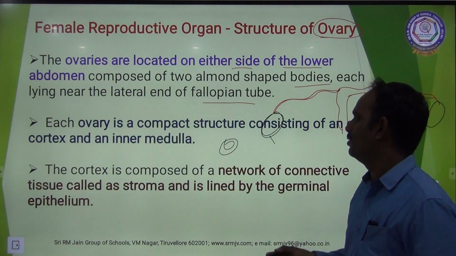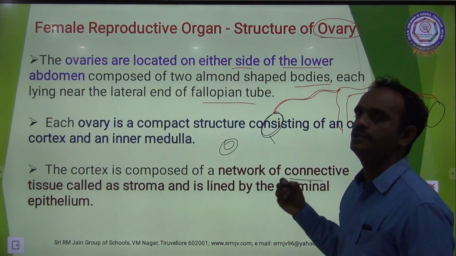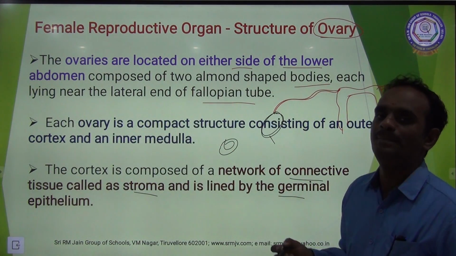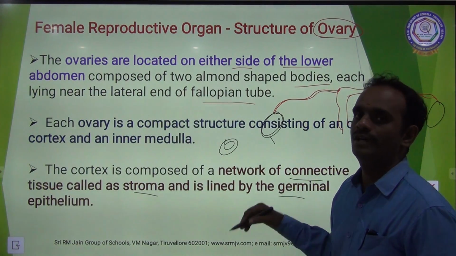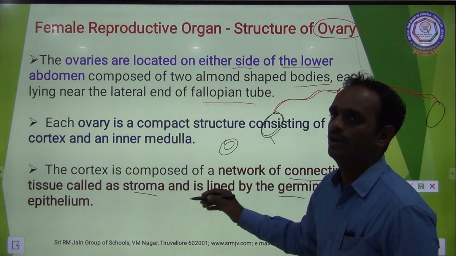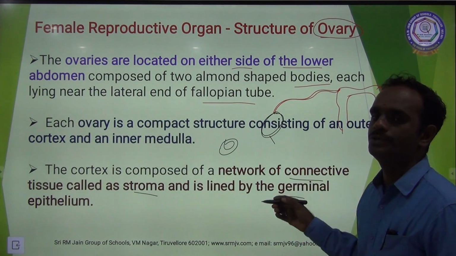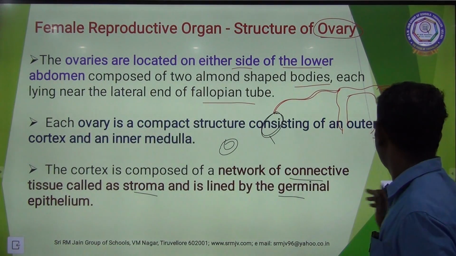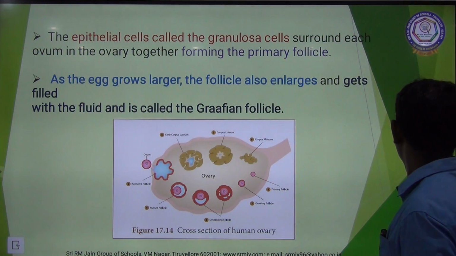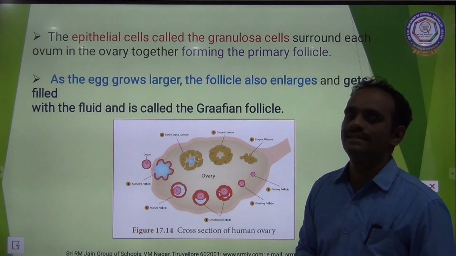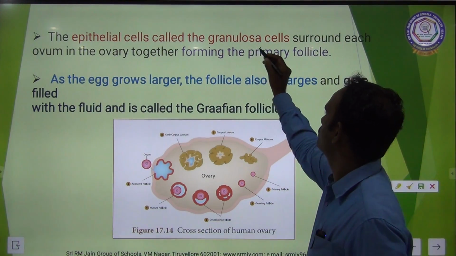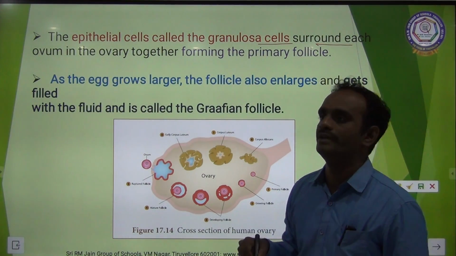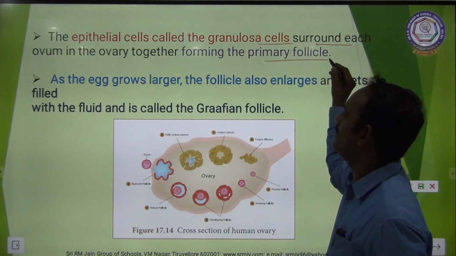The cortex is composed of a network of connective tissue called stroma and it is lined by germinal epithelium. So the cortex of the ovary is composed of a network of connective tissue called stroma and it is lined by germinal epithelial cells. The epithelial cells called the granulosa cells surround each ovum in the ovary, together forming the primary follicle.